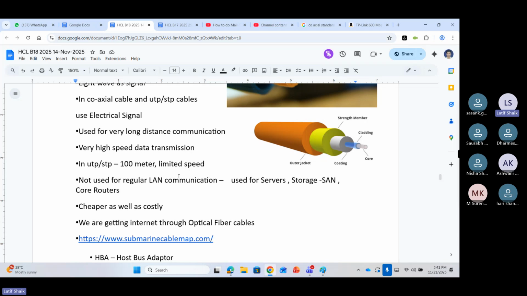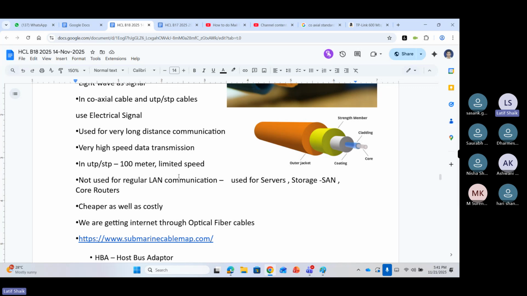One day I went to a shop to buy some twisted pair cables, at least 1 meter, 2 meters. I was asking that guy how much it is. Meanwhile, some person came and gave a very good advice. He said, "Why are you buying these twisted pair cables? It's very costly. Better to buy fiber optical cables. It is cheaper."